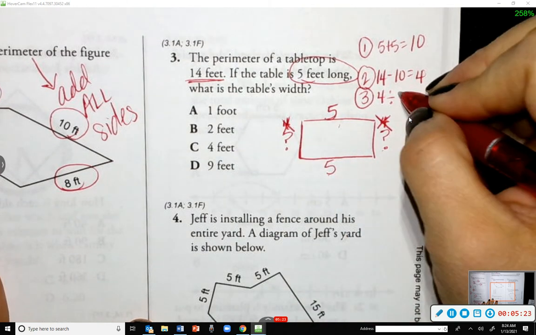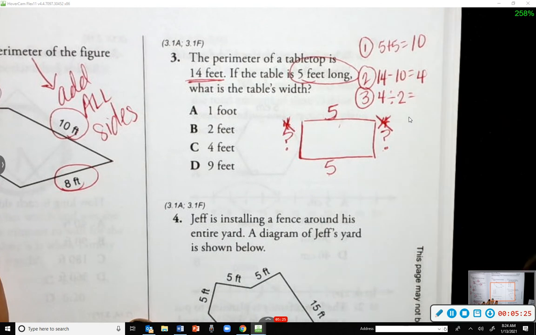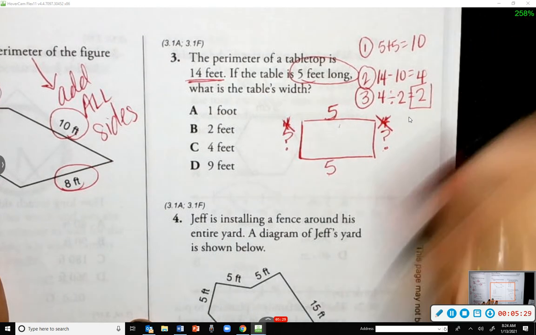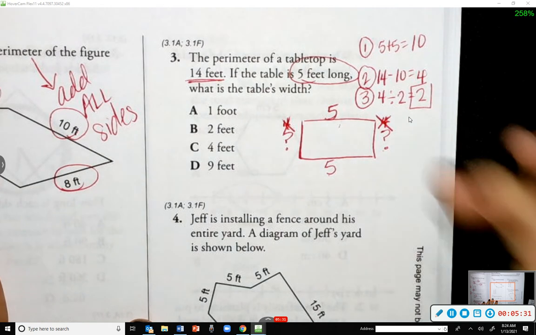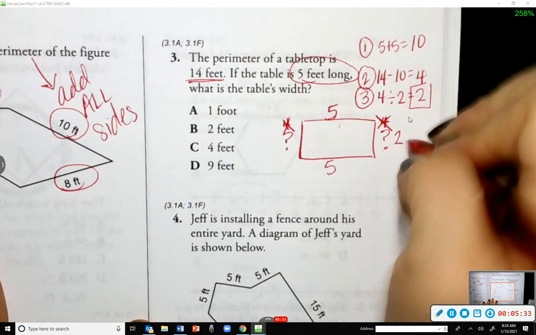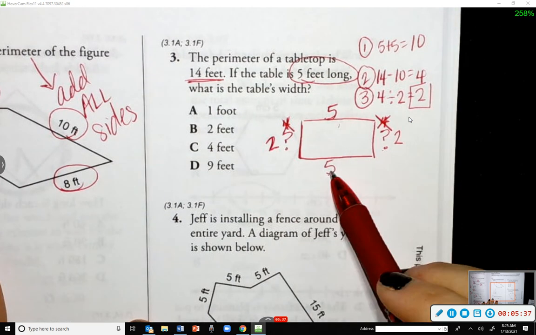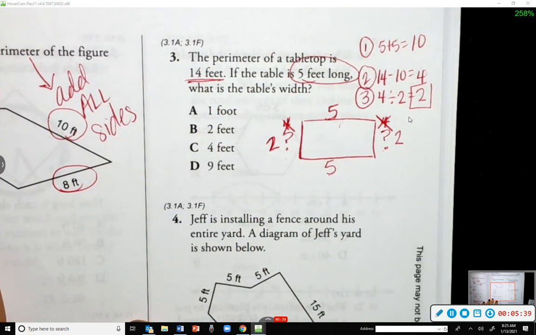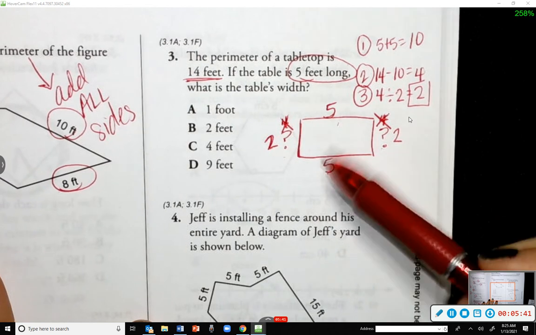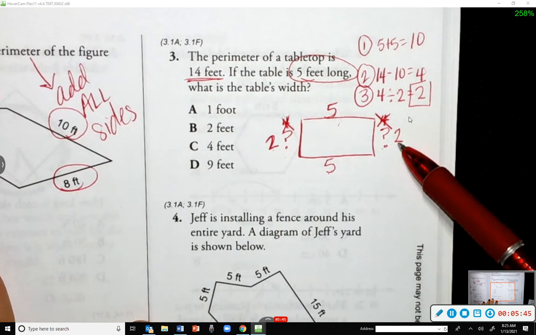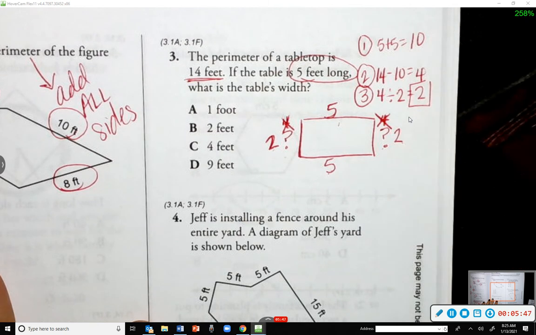So I need to take the 4, divide it by 2, and that equals 2. So now let's see if that makes sense. If I put 2's here, would these 4 numbers equal 14? Yes. 5 plus 5 is 10, plus 2 is 12, plus another 2 is 14. So B would be the correct answer.